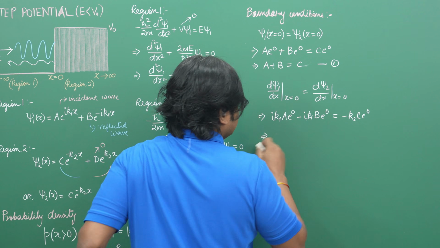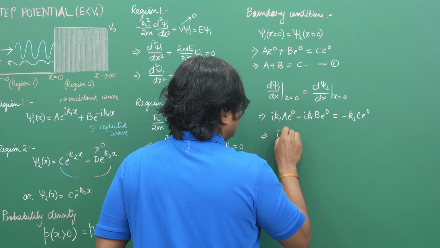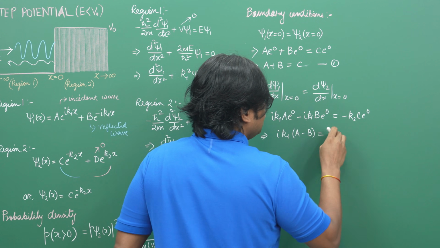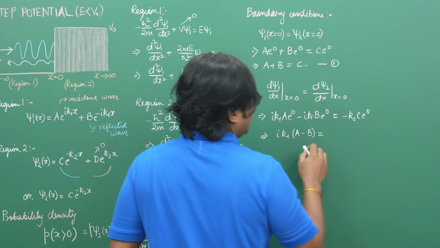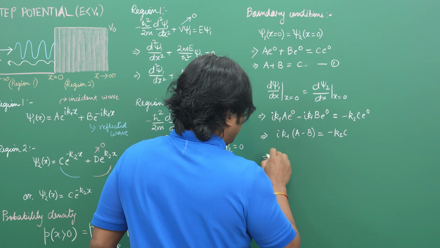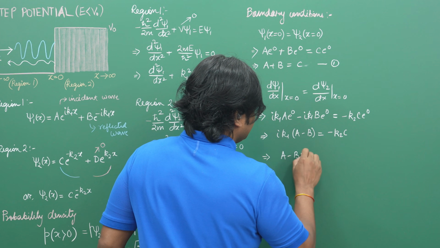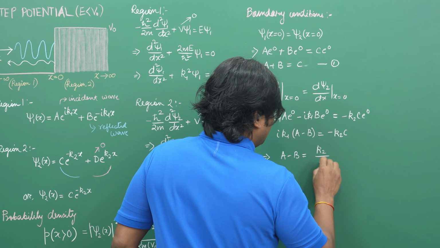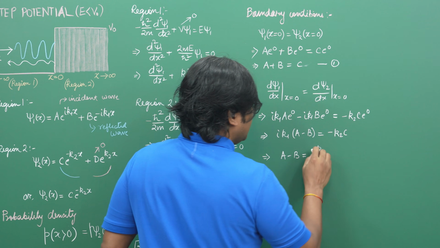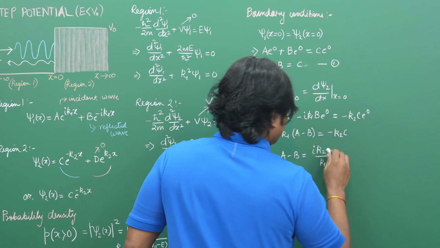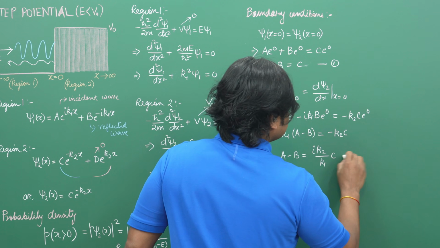This expression becomes iota k1 (a minus b) is equal to minus k2 c, or a minus b is equal to k2 upon k1 iota, so minus iota in the denominator becomes plus iota in the numerator, times c. So let's suppose this is point number 2.